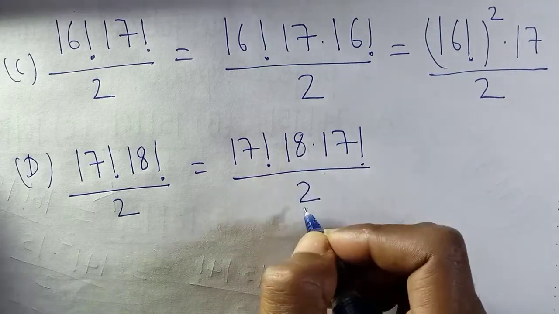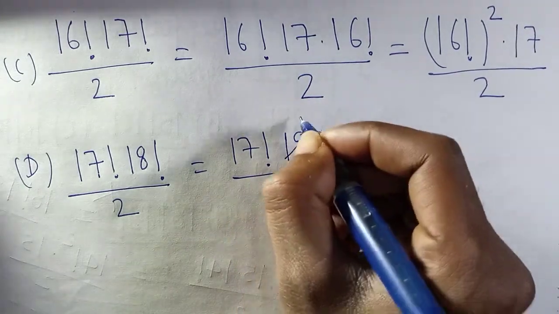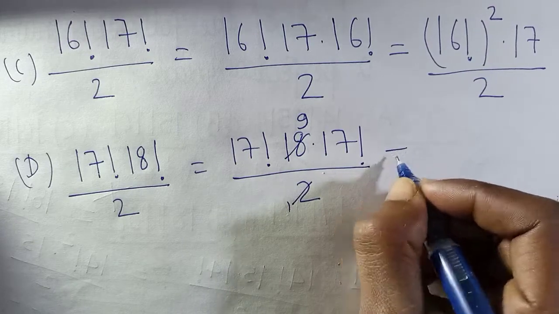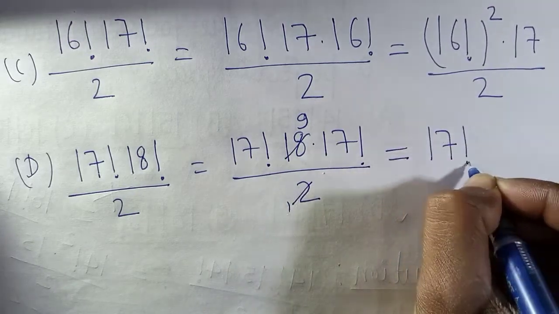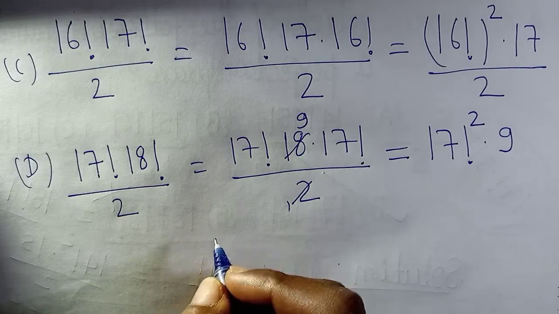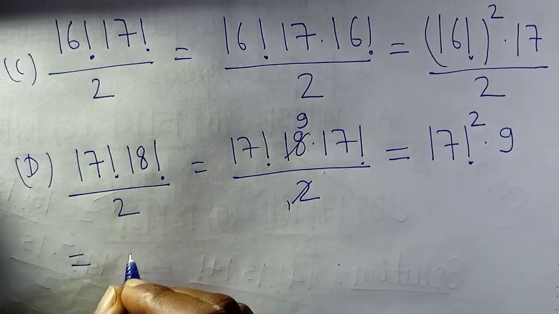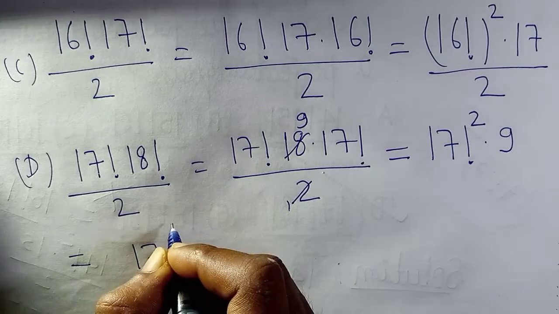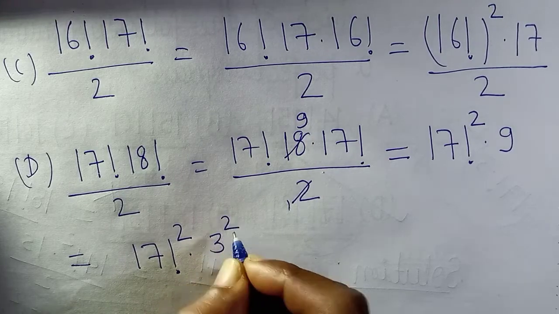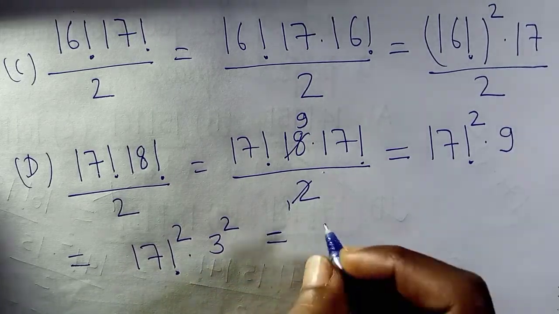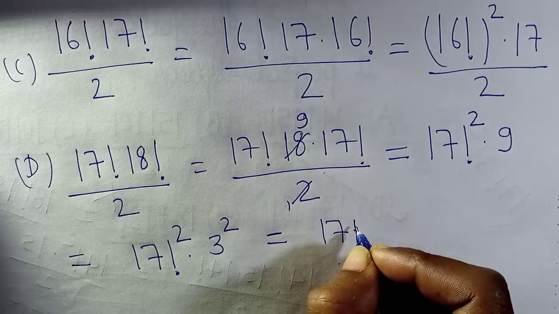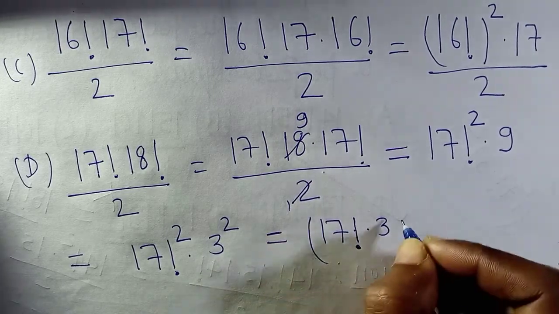And we can see that 18 is divisible by 2, so it will be cancelled out, and which simplifies to factorial 17 squared times 9, and this will be further written as factorial 17 squared times 3 squared, and this will be equal to factorial 17 times 3 whole squared.